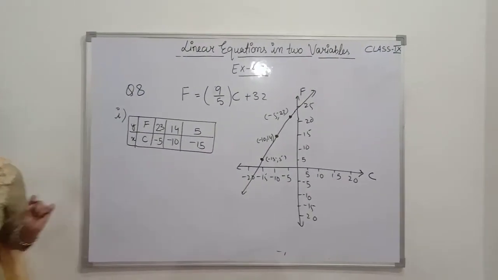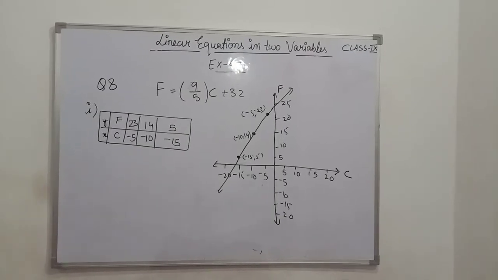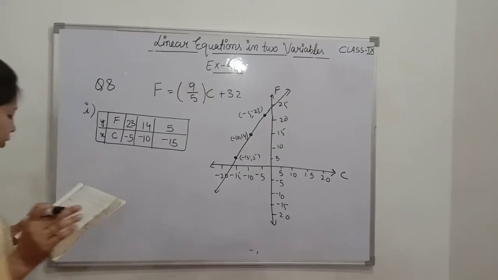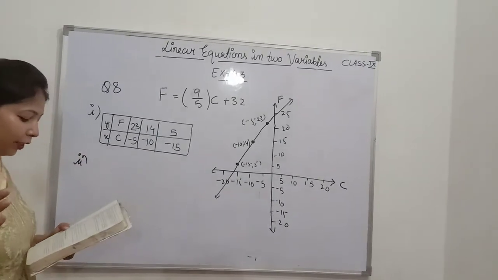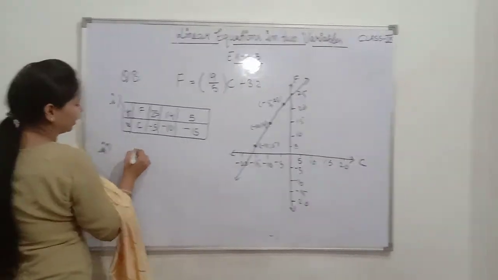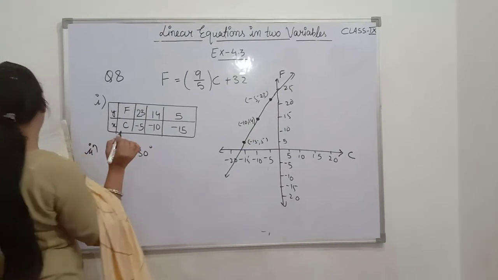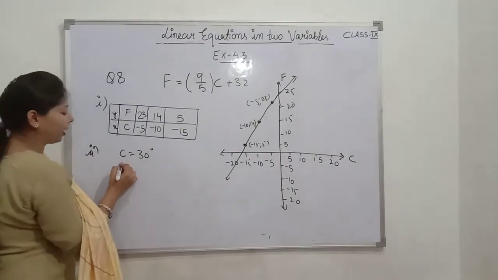Now moving towards the second part of the question. This is my first part. Now the second part is, if the temperature is 30 degrees Celsius, that means C is 30 degrees, then what is the temperature in Fahrenheit?